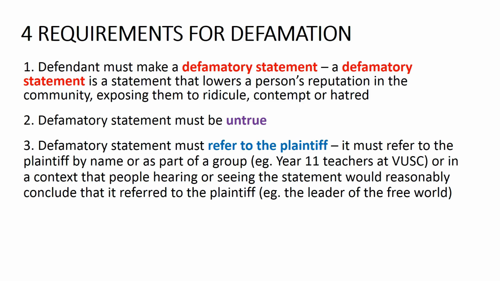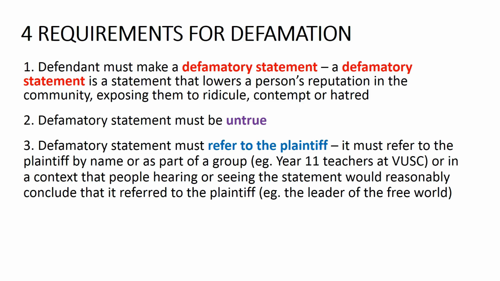A final way in which the defamatory statement could refer to the plaintiff is where the context in which people hear or read the statement is such that it is reasonable to conclude that the statement is referring to the plaintiff.